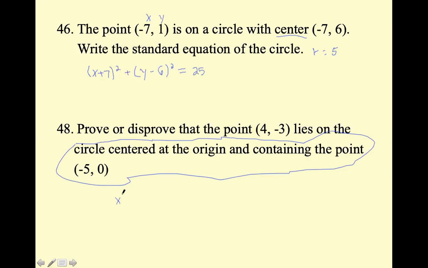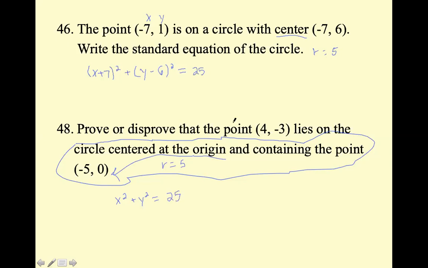We're centered at the origin, so x squared plus y squared equals something. That's how I knew it was x squared plus y squared. If I go from the origin to the point -5, 0, I've gone a total of 5 units. So my radius here is 5. So my equation would look like x squared plus y squared equals 5 squared, which is 25.